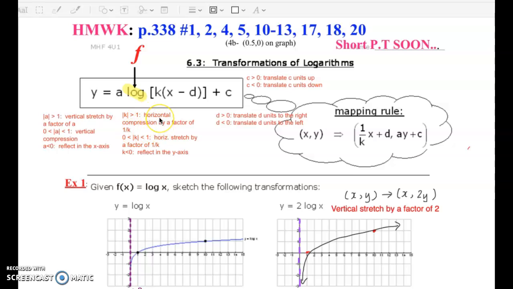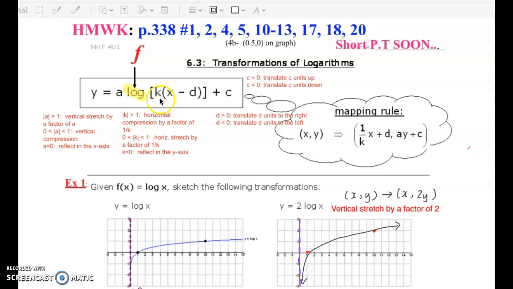So I'll give you an example of this. If k is 2 in the equation, now we have a horizontal compression by a factor of 1 over 2. So that means all the points on the graph will be half the distance closer to the y-axis than the original graph, okay? When the absolute value of k is between 0 and 1, it is a horizontal stretch by a factor of 1 over k.